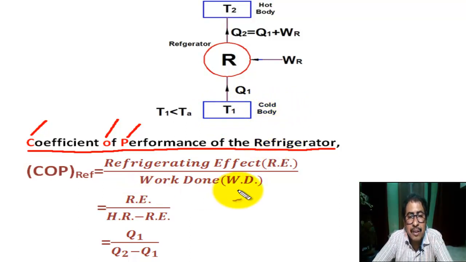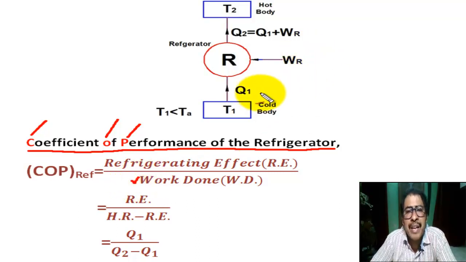Work done means work input WR to the refrigerator, to the compressor. So COP of refrigerator equals refrigerating effect RE by work done.